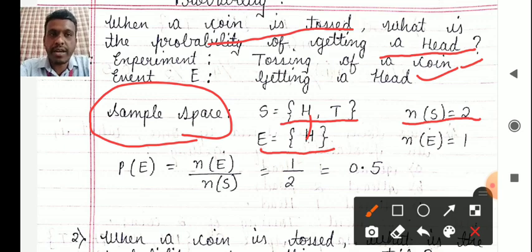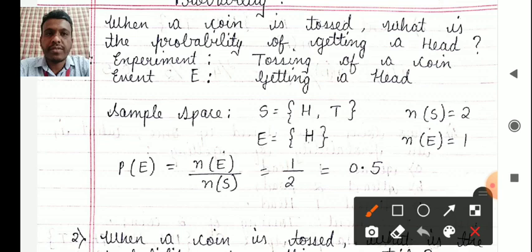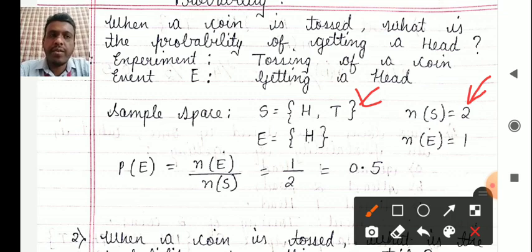I hope you are understanding this. I'll just take you back one step and explain. See here, in this case, the sample space is {H, T}. There's no problem with the sample space, I hope. Fine. So the number of items in the sample space is 2, right? Why 2?